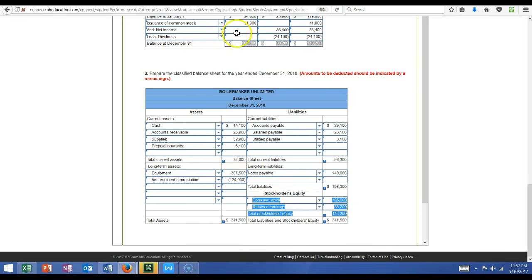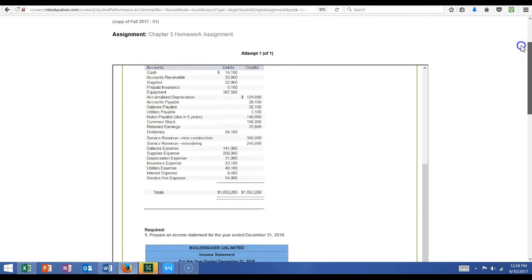This is why we generally compute a stockholders' equity statement and then use that to fill in that portion of the balance sheet. Everything else related to this balance sheet comes from our trial balance up here.